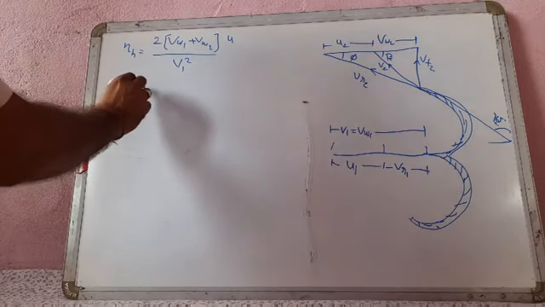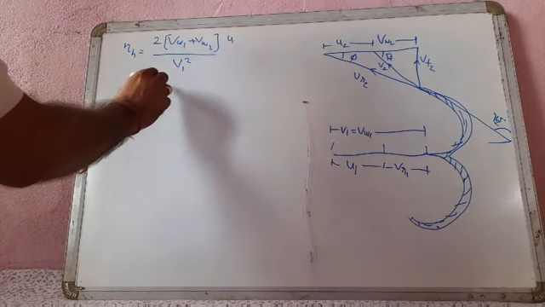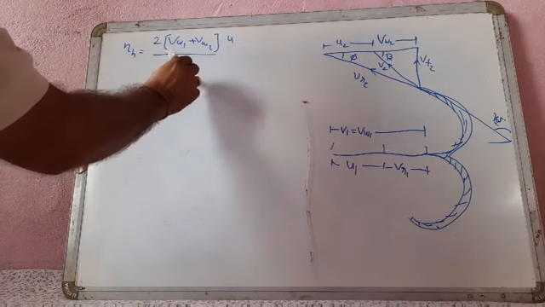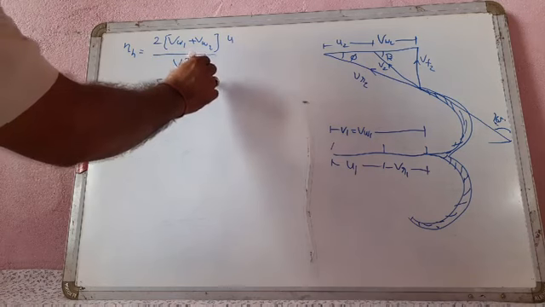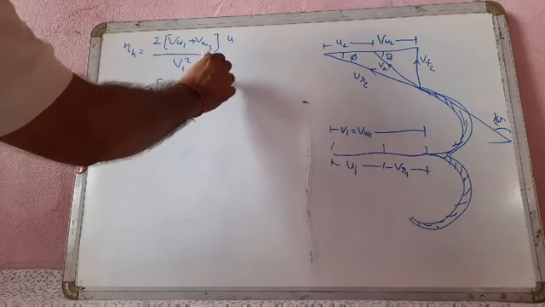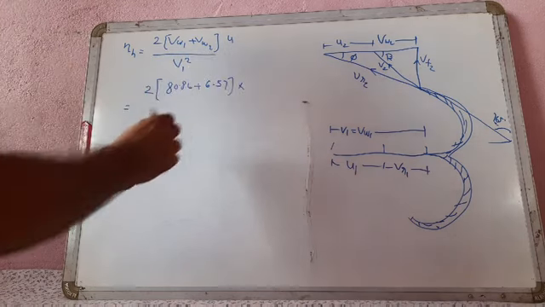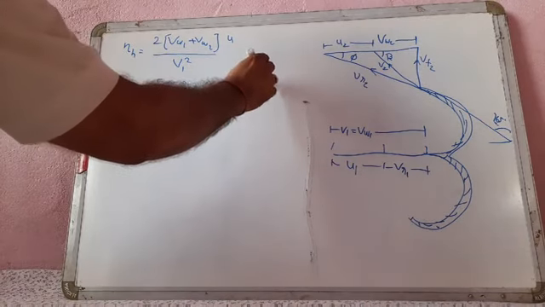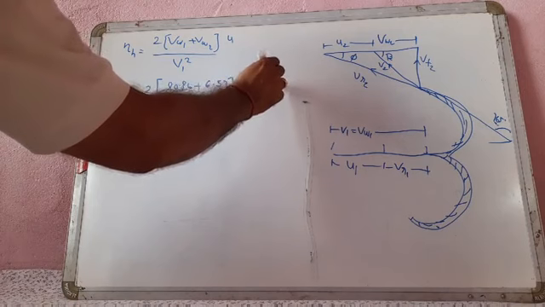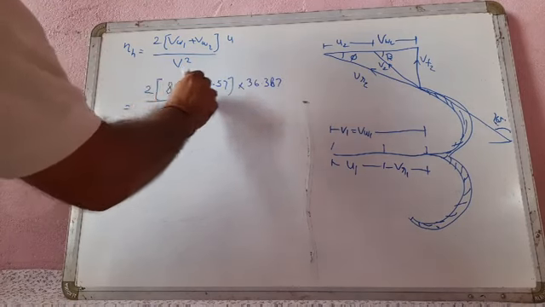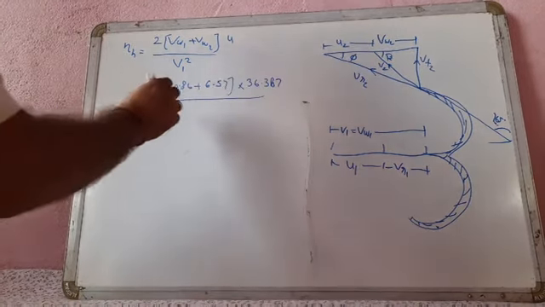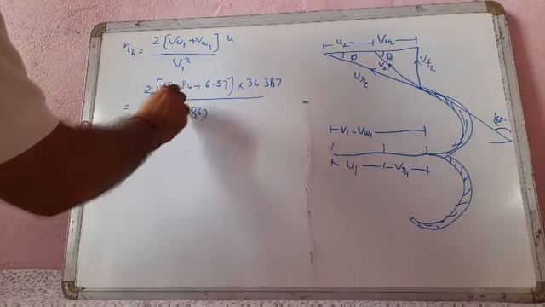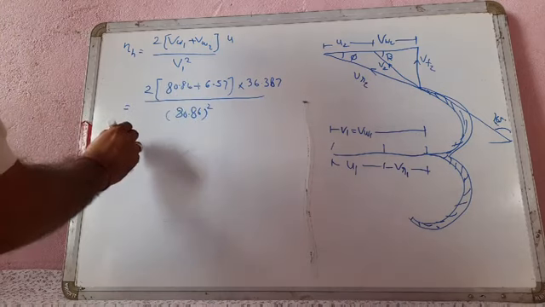Putting the values here, 2 into (80.86 plus 6.57) into 36.387 divided by 80.86 square.